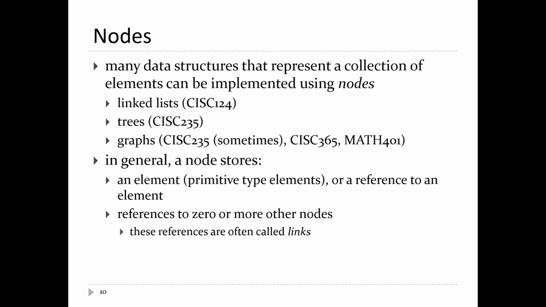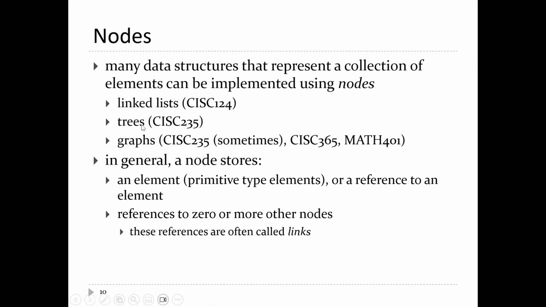So one way to do this is to implement what's called a sequence of nodes. Many data structures will represent elements of a collection using nodes. So if you've taken, I think most of you have taken Sys 204, there you should have learned about trees. In trees, you would have been told that they're a collection of nodes or vertices joined by edges or links.